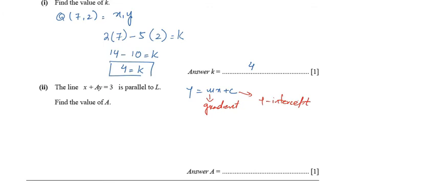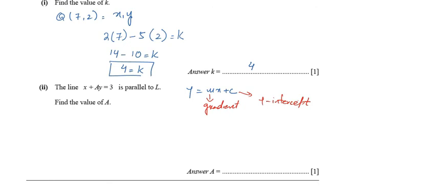So if we convert the given equation in terms of y is equal to mx plus c, and similarly convert the equation of L into y is equal to mx plus c, then when we equate the value of m from both, we will get the value of a.